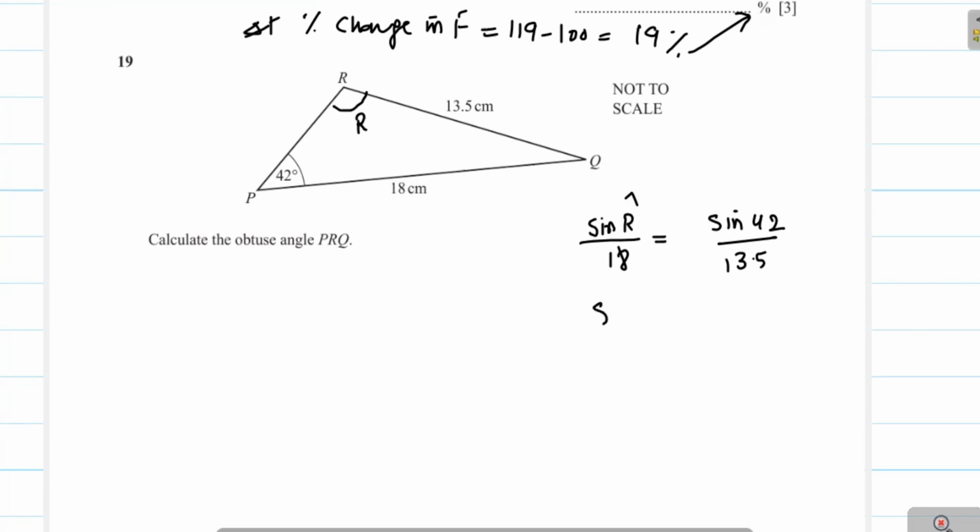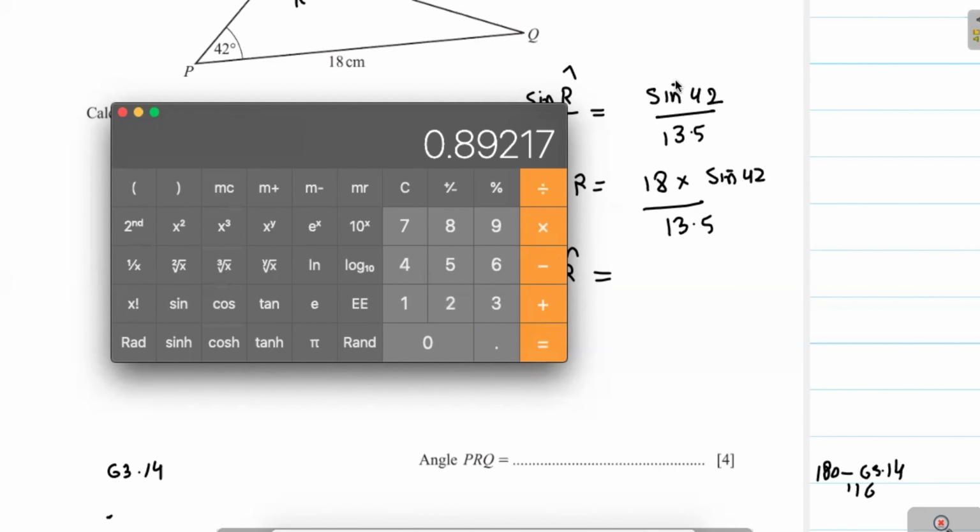Now we can write sine R will be equal to 18 multiplied by sine 42 over 13.5, and this sine R will be equal to 0.89.